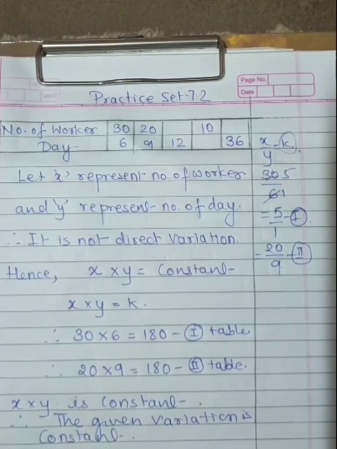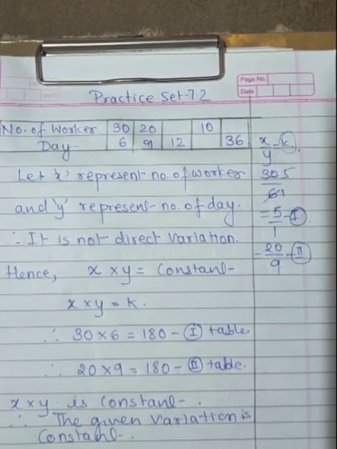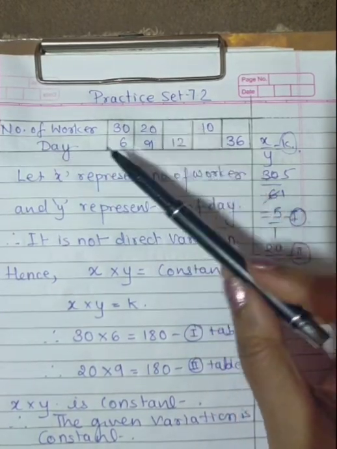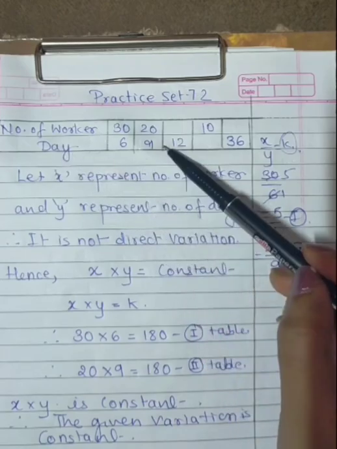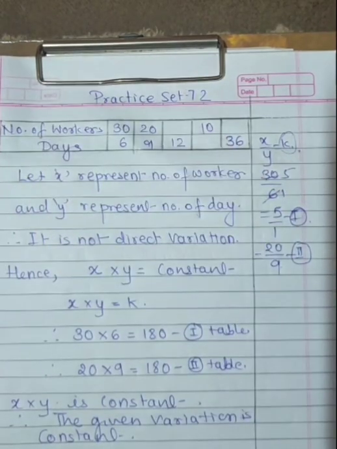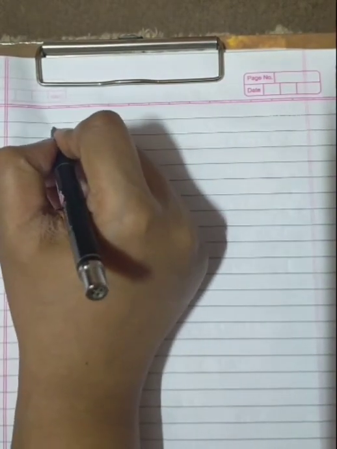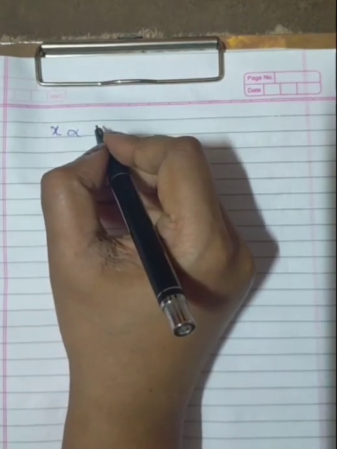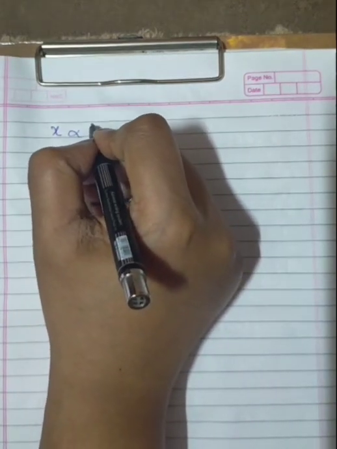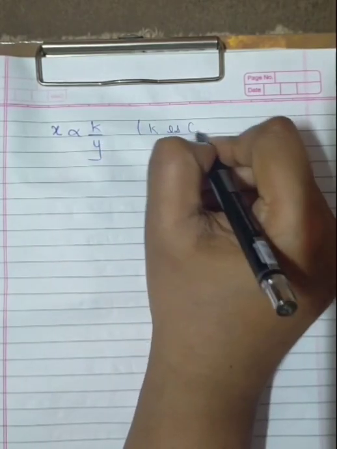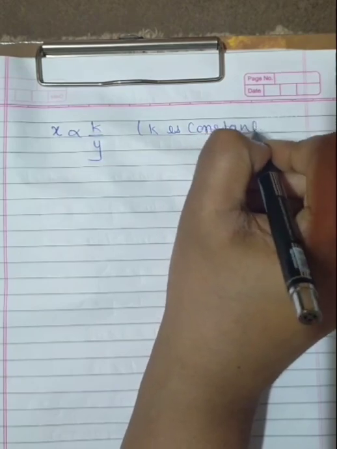Now we are going to solve the third box. The number of workers is not given, and only the days are given. We continue the same sum. I am writing X alpha K upon Y, where K is constant, it's an inverse variation.